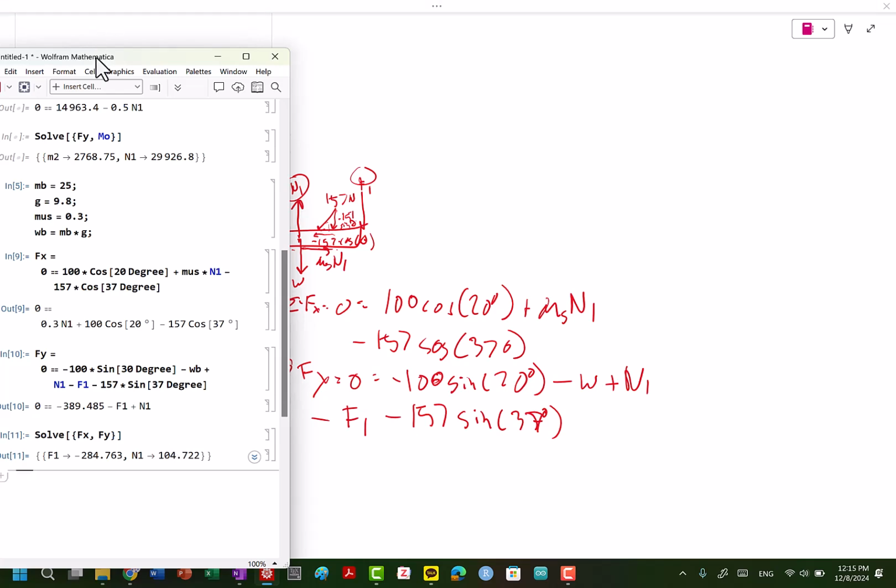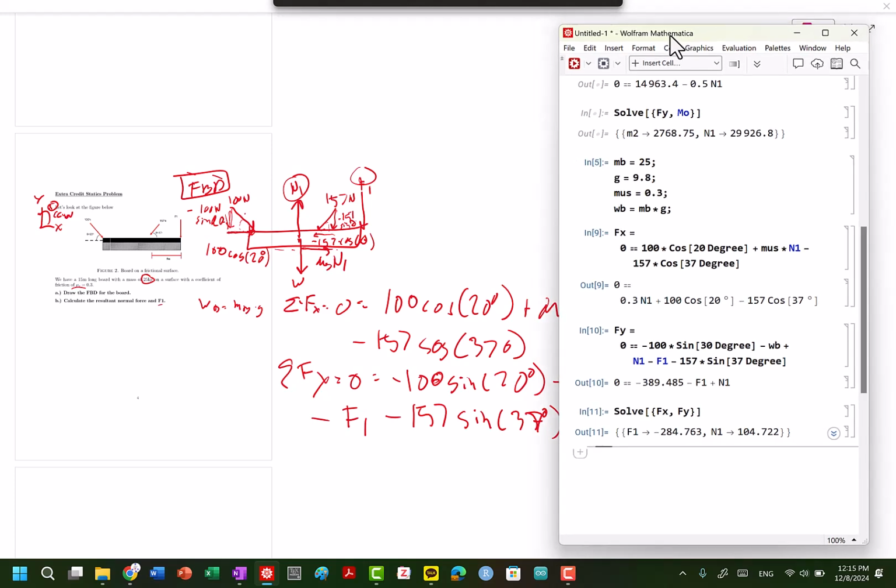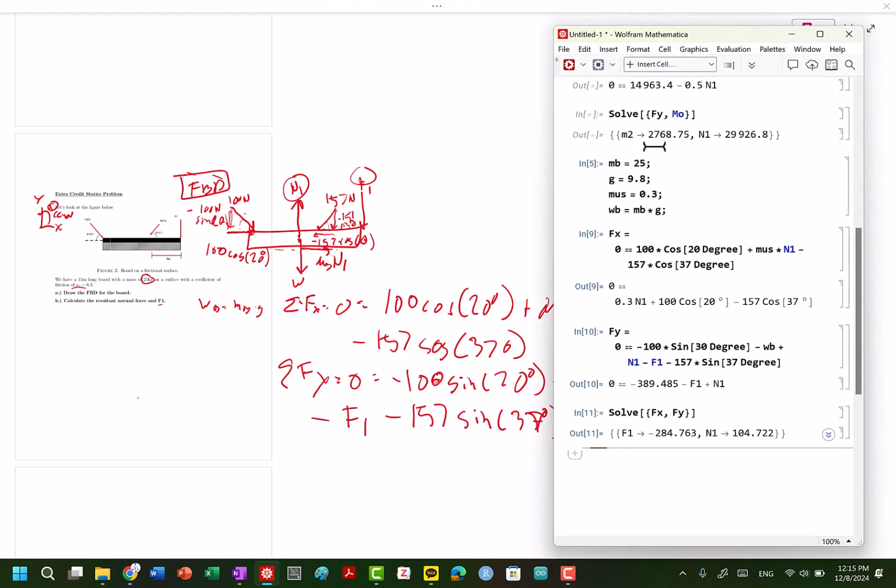So actually, to be in static equilibrium, we are going to have to change the direction of this force. We have to be pointing in the up direction to help it out. Interesting little problem to balance out here. So we actually have to flip the direction of that F1. But again, that's what we've got.